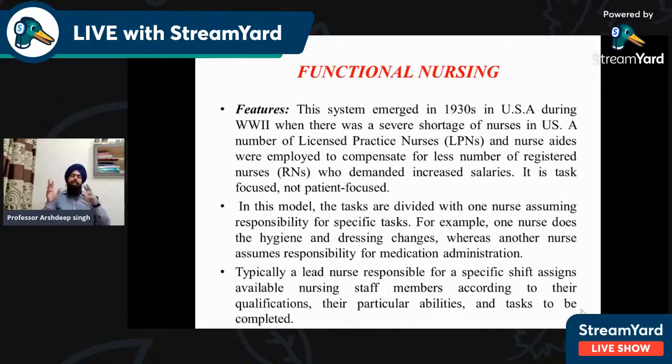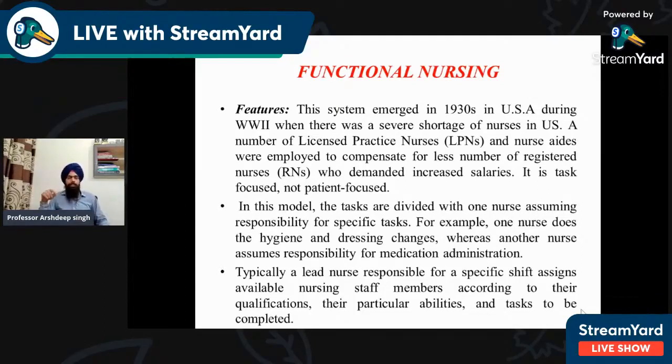For example, a staff member is assigned a patient and has to do complete care. In the case method, there was a single nurse for one or two patients, and he or she had to do all the care or procedures on that patient.